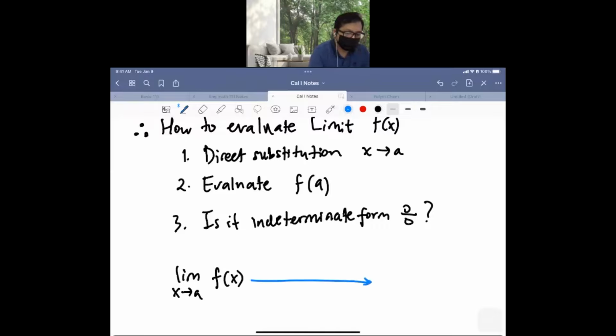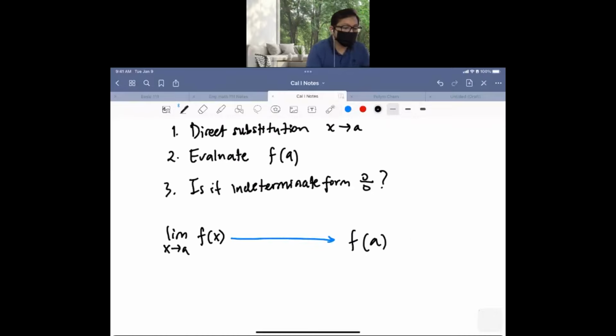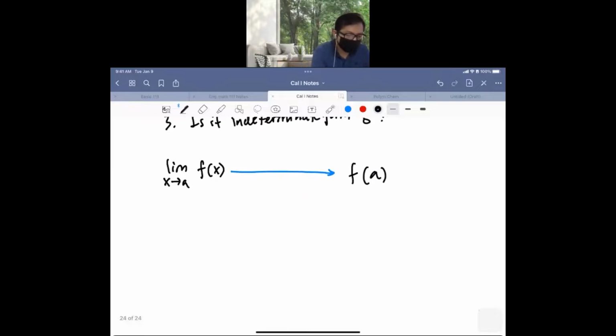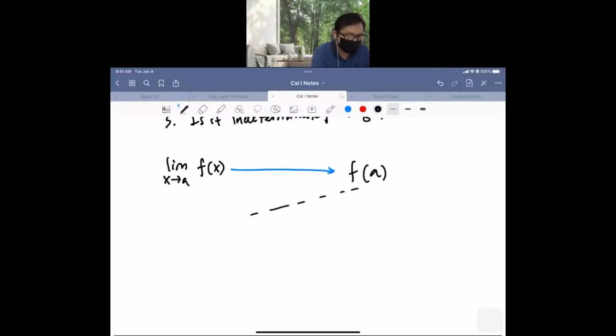Then we evaluate f of a, and we are going to get at least three cases. Either f of a will be equal to some value b over 0.